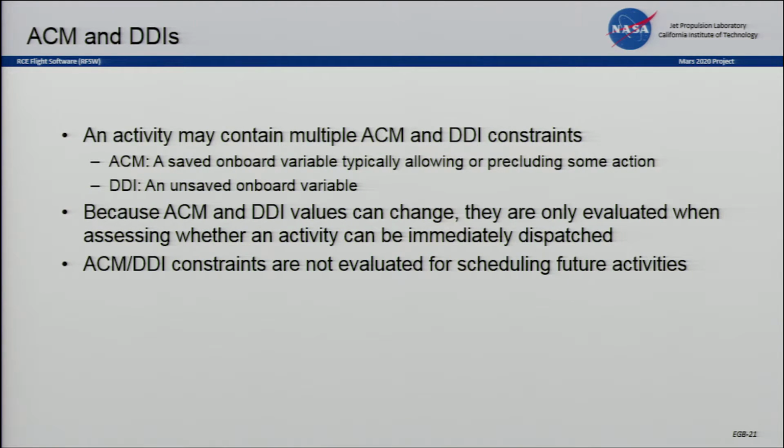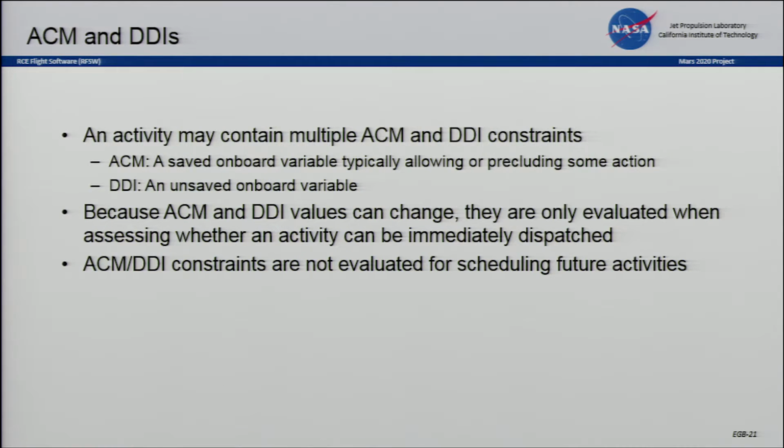We also have some checks that are done onboard against onboard variables. Just some terms: ACM is a saved onboard variable, typically allowing or precluding a particular action. For example, if there's a problem with the wheels, then we're not going to allow a drive. DDI is something that doesn't persist across a reboot. It's just an onboard variable.